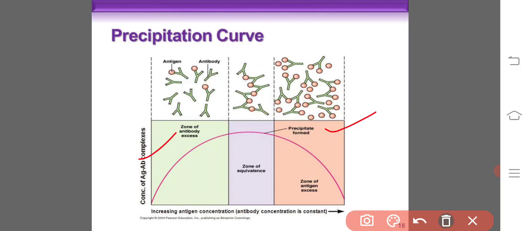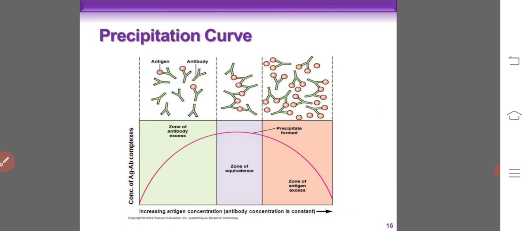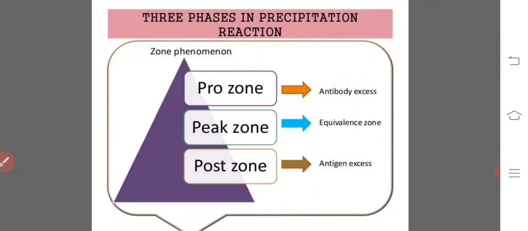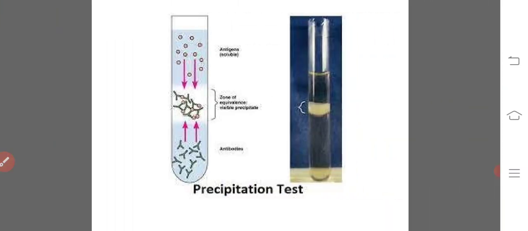The precipitation reaction can be performed in fluid phases. By mixing the aqueous solutions of antigen and antibody in a test tube, a cloudy precipitate ring forms at the interface between the solutions of antigen and the antibody, where the ratio of antibody and antigen concentration is optimum.